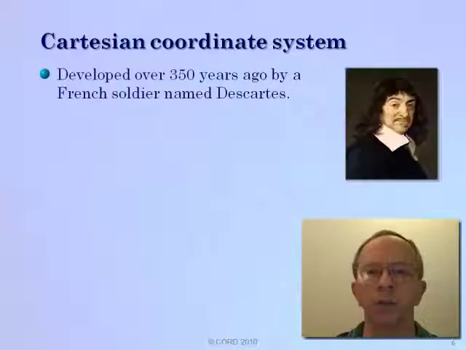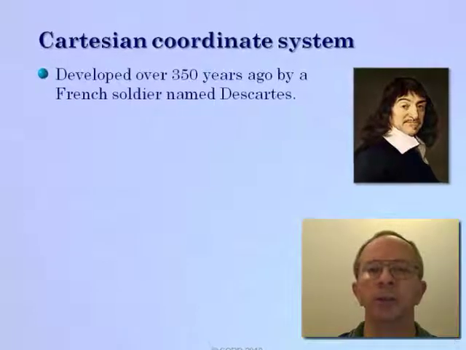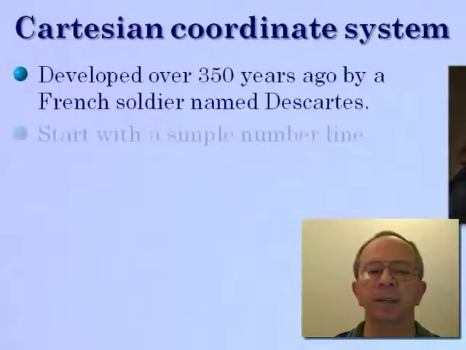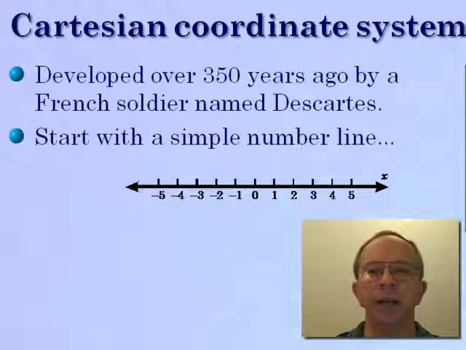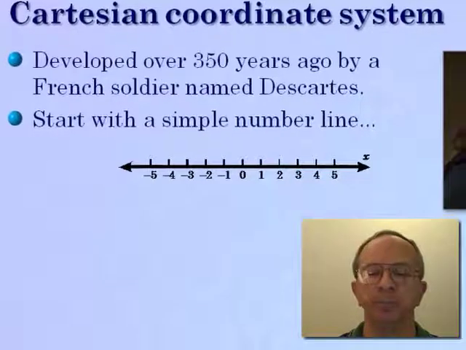The Cartesian coordinate system that you're going to be using in this module was developed over 350 years ago by a French soldier named Descartes. He started with a simple number line, and you've seen this since elementary school, so this is probably familiar to you, from negative numbers out to positive numbers with 0 in the middle.